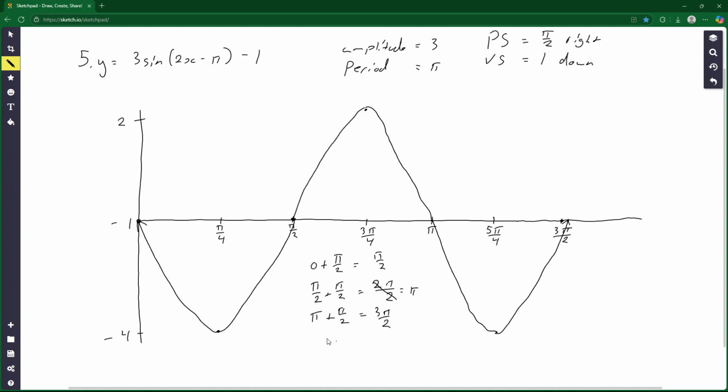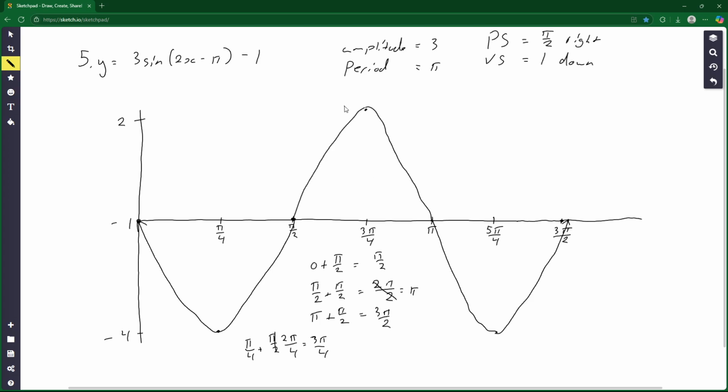So our first in-between was pi over 4, so you'd have pi over 4 plus pi over 2. This can be rewritten as 2 pi over 4, which is going to equal 3 pi over 4, which is our maximum right here.